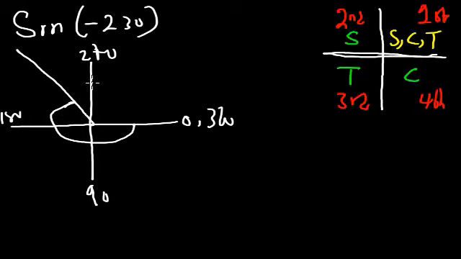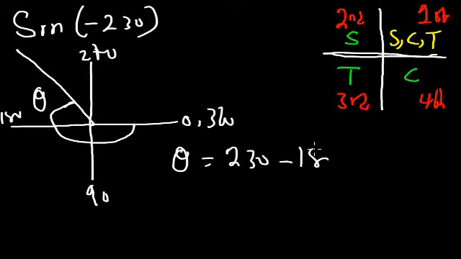Now theta will be the angle between the length formed and the horizontal line. And that will be this. So how can we determine theta? To find theta, that will simply be equal to 230 minus 180.